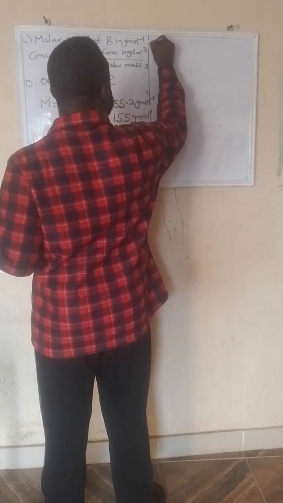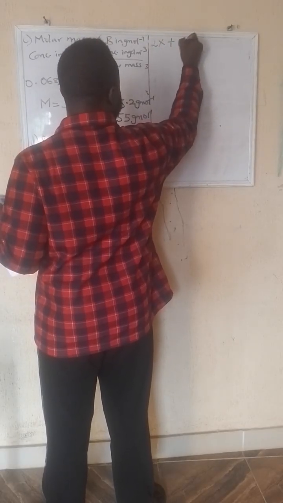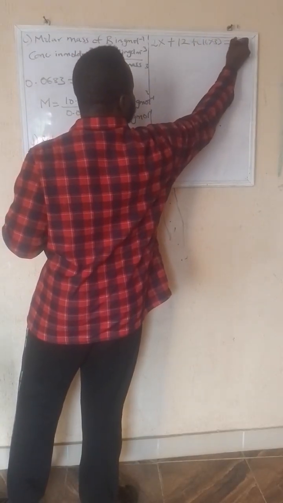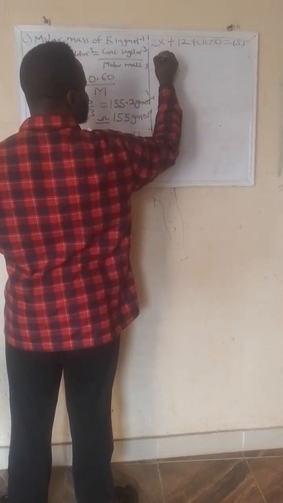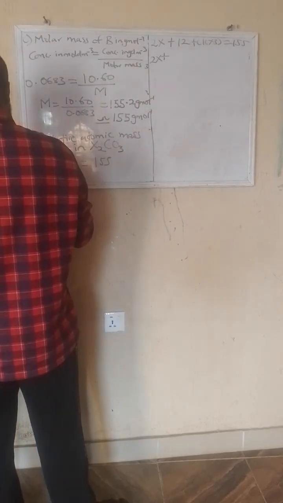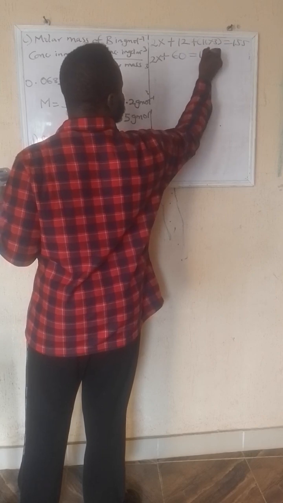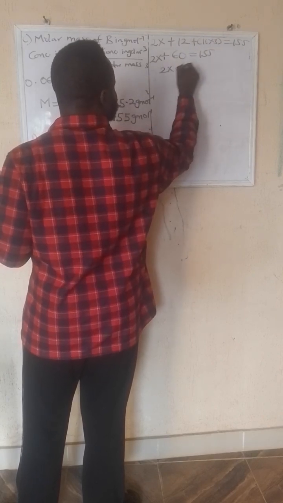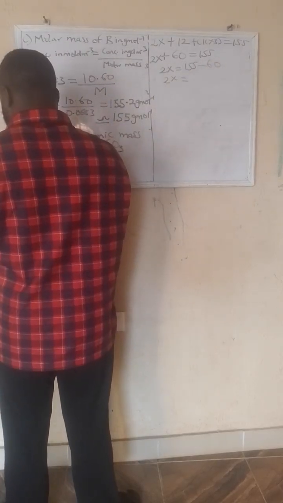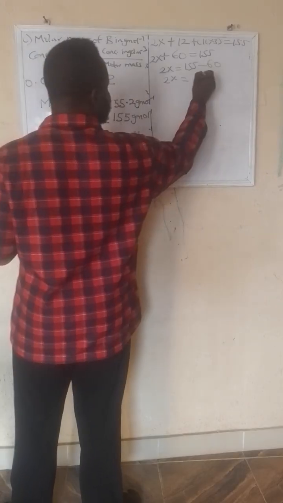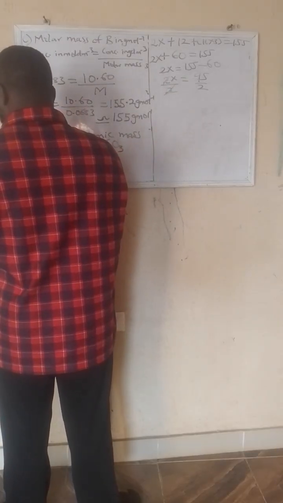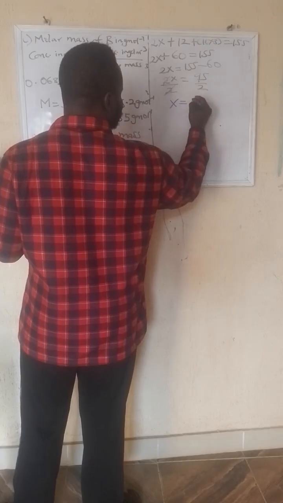I will say X2 means 2X, plus C is 12. The relative atomic mass of carbon is 12, that of oxygen is 16, and I have 3 of it. So everything is equal to 155. So 2X plus 12 plus 48, that gives me 60. 60 plus 2X is equal to 155. So 2X equals 155 minus 60, which gives me 95. Divide both sides by 2. So 95 divided by 2 gives 47.5. That means the relative atomic mass of X is 47.5.